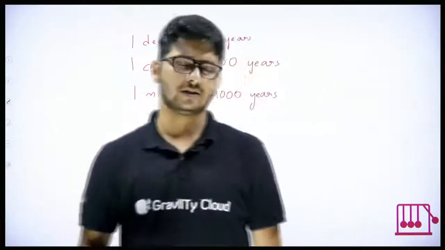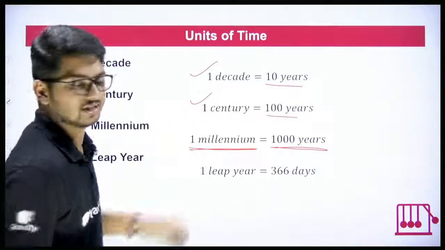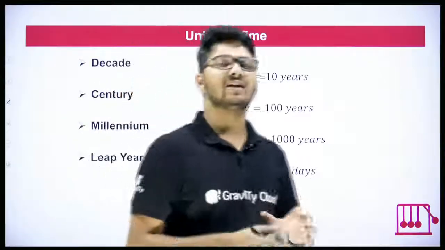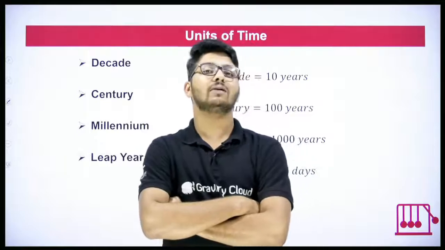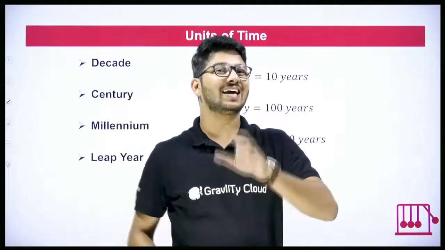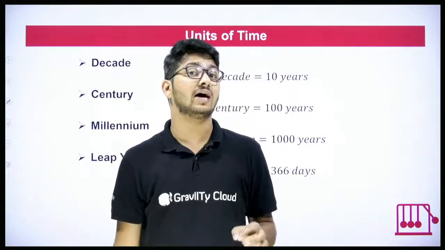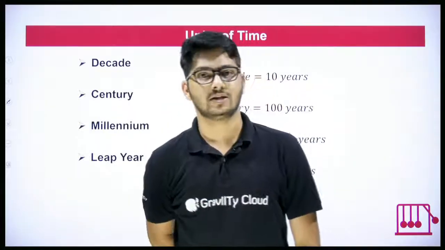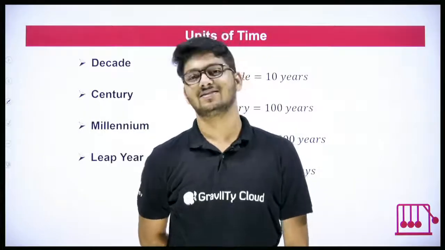Now all this is okay. All this is clearly mentioned. Now there is one special case. When we discuss the month February, normally February has 28 days. But once in every 4 years, February has 29 days.